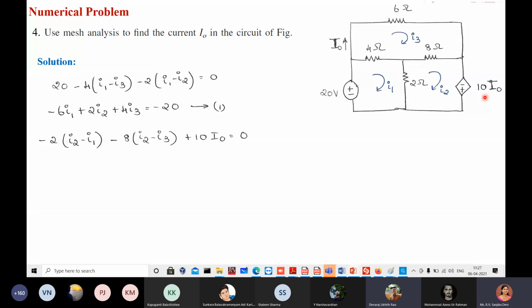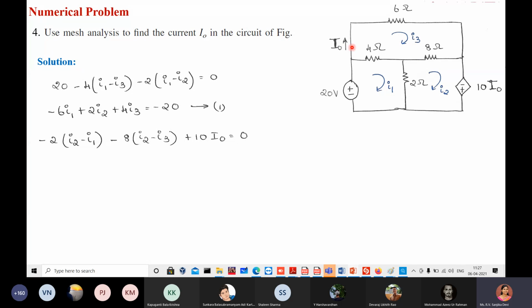Now we have this new variable I0. It is always better to replace this I0 with the loop currents. Here we have three loop currents, I1, I2, I3. I0 is the current flowing in this particular branch. What is the relation of this I0 with the loop current I3?